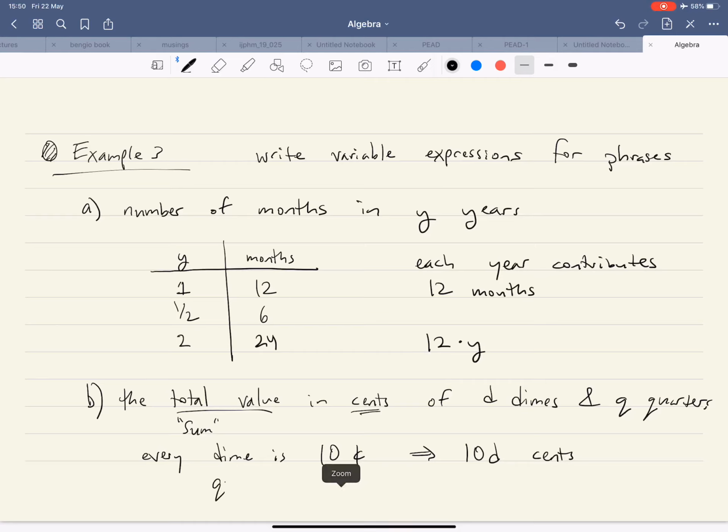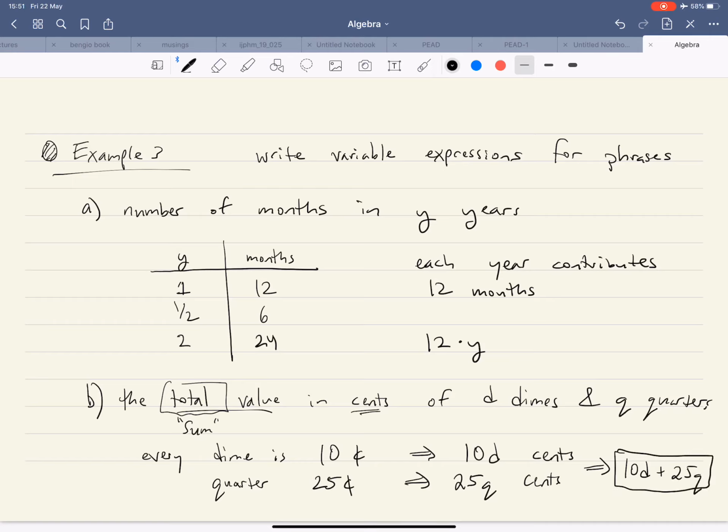Every quarter is 25 cents, which means I've got 25Q. 25 times the number of quarters tells me how many cents I have from the quarters. And then, because I wanted the total value, I just add these two together to get 10D plus 25Q. And that gives me the total number of cents that I have.